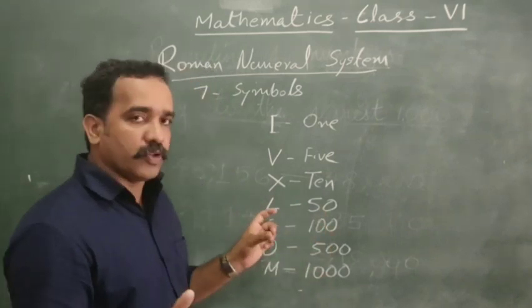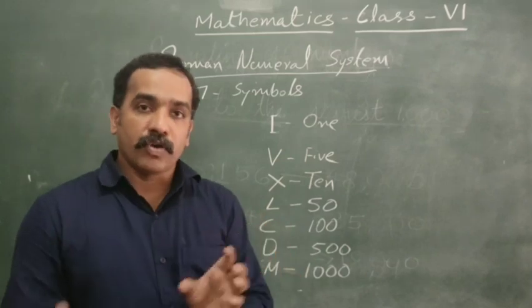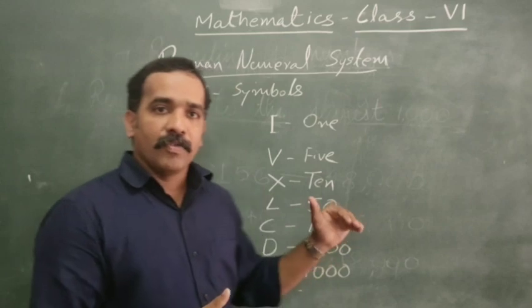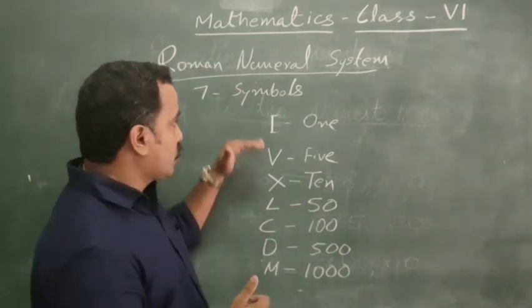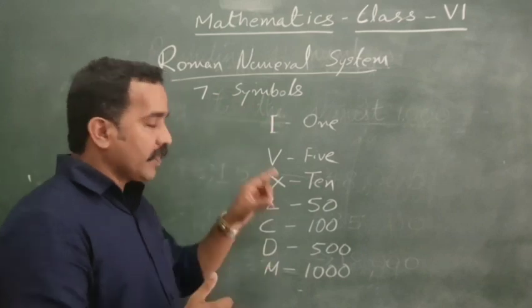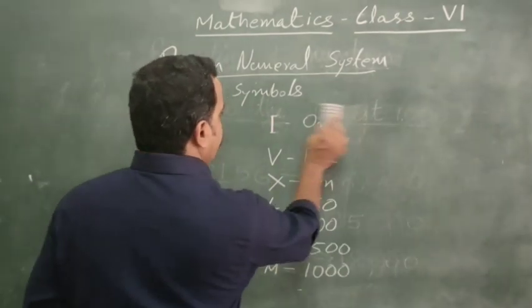Instead of a place value system, we are adding and or subtracting these values. For that, certain rules are there. We will see what the rules are to form numbers with the help of this Roman numeral system.